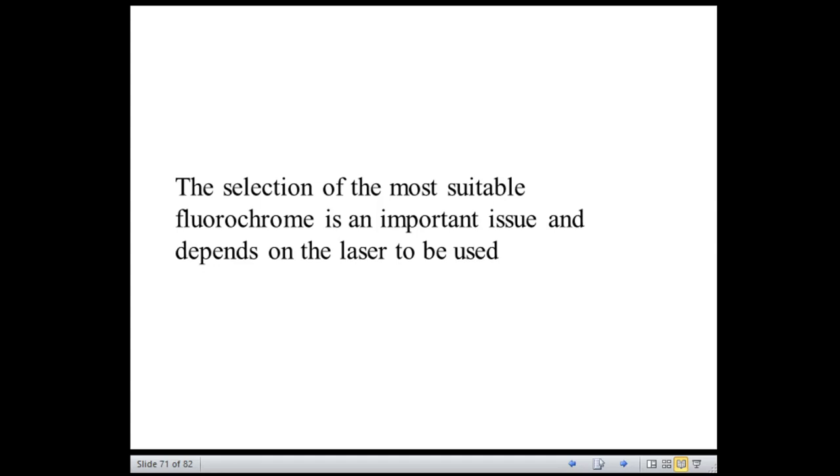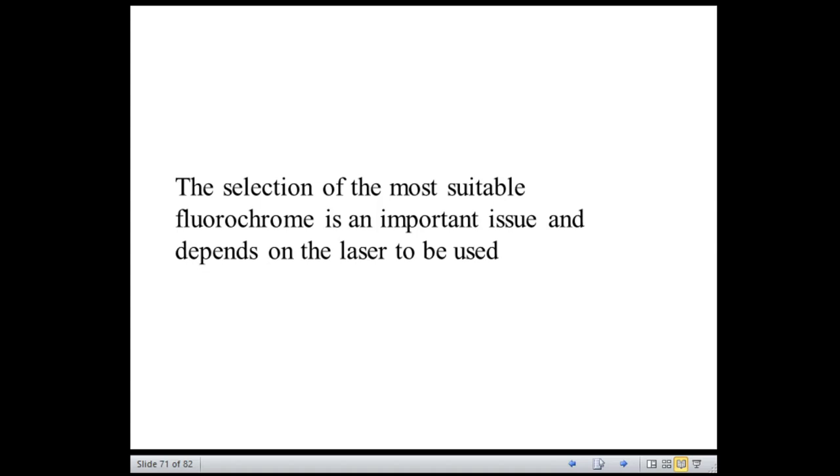So for phycoerythrin, that is PE, which is a second choice for similar reasons, FITC easily reacts with amino groups of the protein's lysine residues, and they produce moderately stable conjugates.